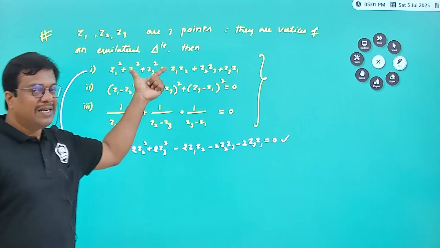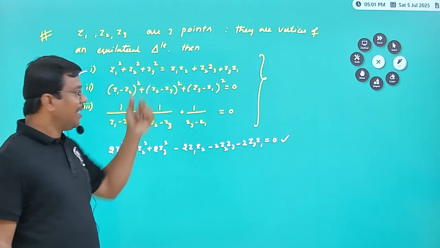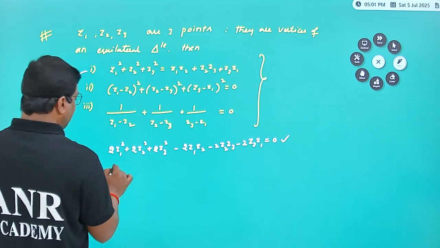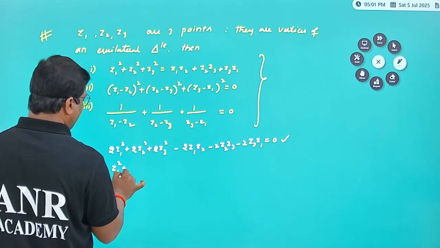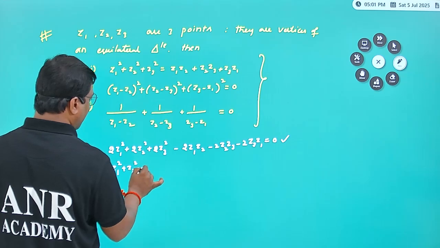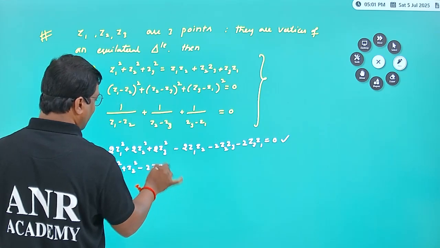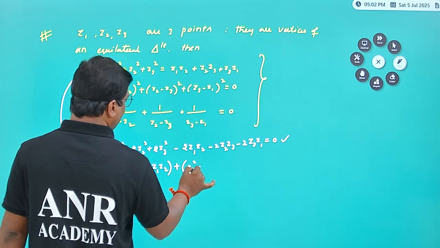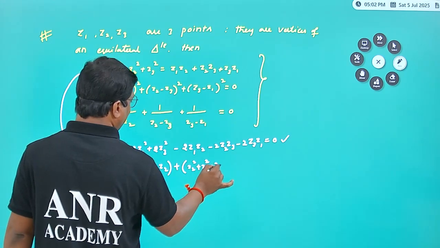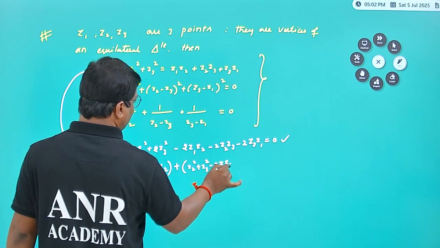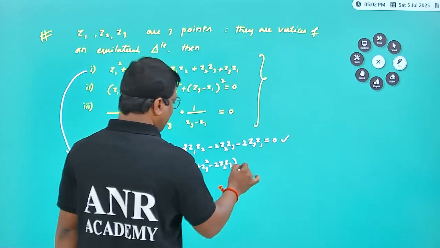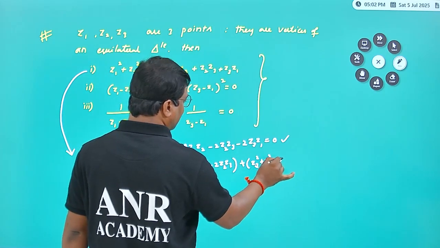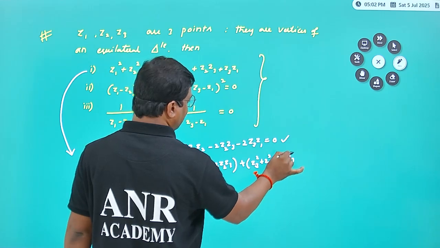Just multiply 2 on both the sides and written in this way. It can be written as z1 square plus z2 square minus 2 z1 z2 one result. Next plus z2 square plus z3 square minus 2 z2 z3 second result, and z3 square plus z1 square minus 2 z1 z3 equal to 0.